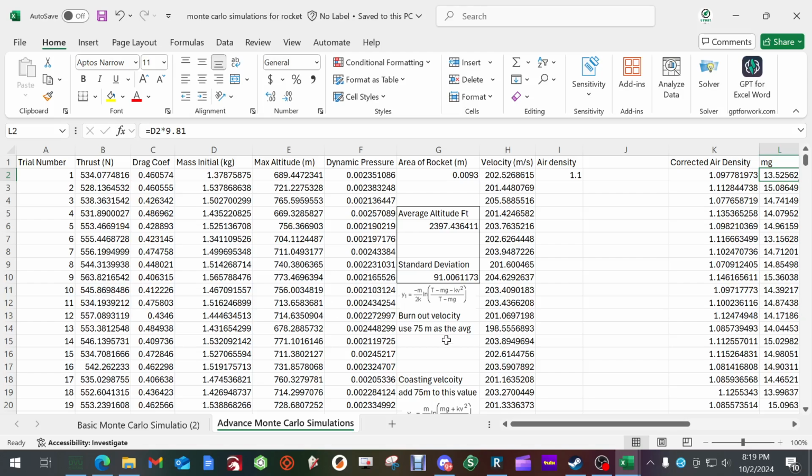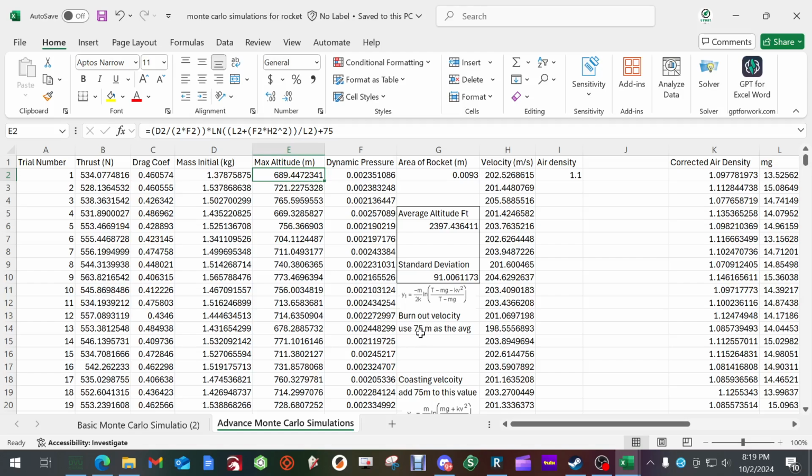Okay, so you can see my equations pasted here. And so what I did was look at max altitude, and I just filled in the equation for the coasting velocity. That is what max altitude is: coasting velocity plus your burnout velocity. Now you'll notice my equation's a lot shorter than these two mixed together. That's because I went ahead and calculated the burnout velocity for my rocket, and its average was 75 meters.